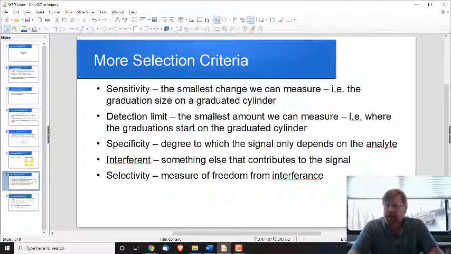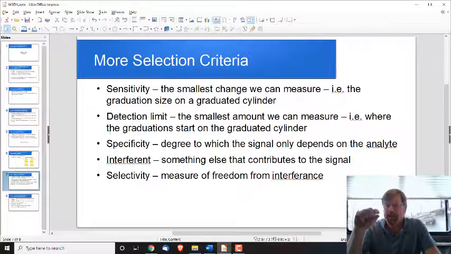That's the smallest change we can measure. So if you think back to graduated cylinders, the distance in between lines, we can kind of estimate in between the lines, but that estimate of halfway in between the lines or over halfway in between the lines is as small as we can measure.